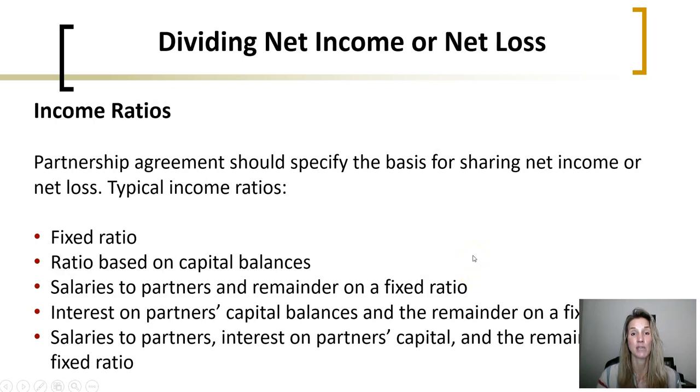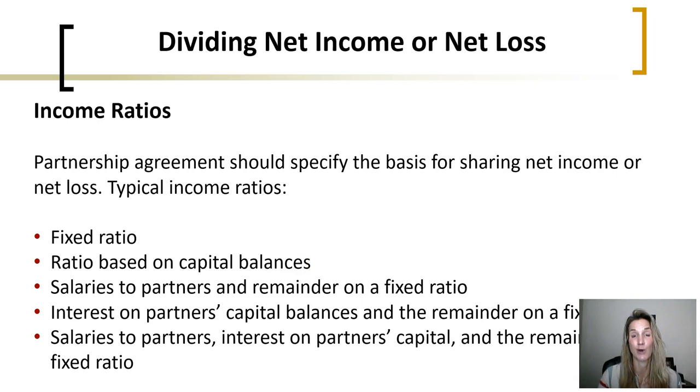As net income is earned and we need to record it into the partners' capital accounts at the end of the period, we need to have a way to divide up the net income or net loss of the partnership. And that's why the partnership agreement must stipulate how the income is divided. Typically, the different types of ratios that are often seen are a fixed ratio, such as income is divided equally, or ratios based on capital balances.